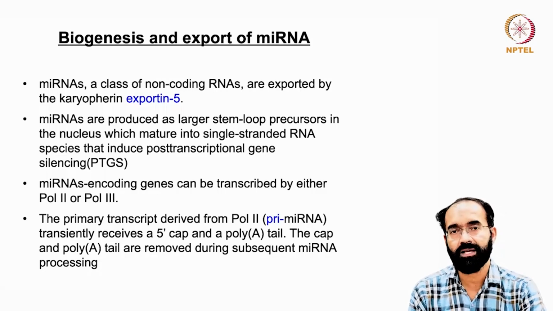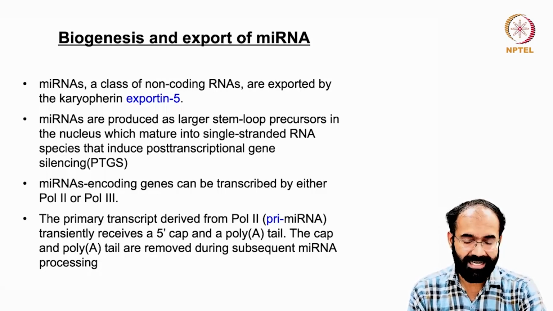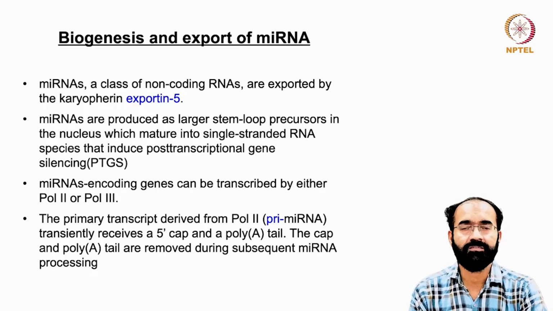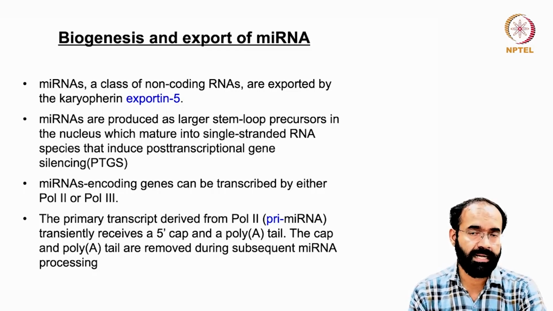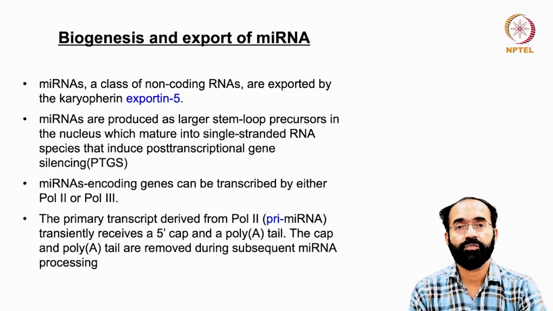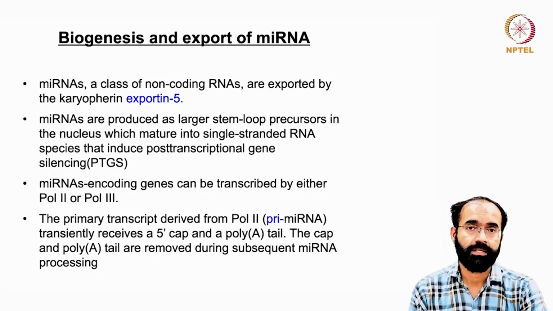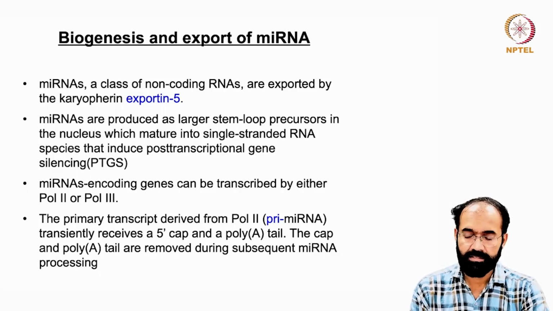Many times, if they are transcribed on their own, they can have their own 5' cap and 3' tail, which will be removed, because eventually the microRNA is just 22 nucleotides in length and functions in the cytoplasm on the mRNA target to prevent their translation.